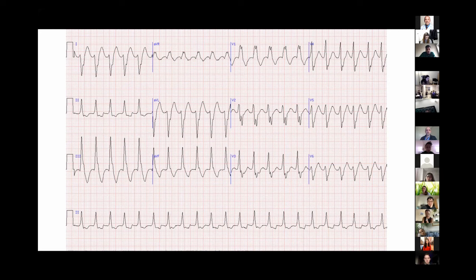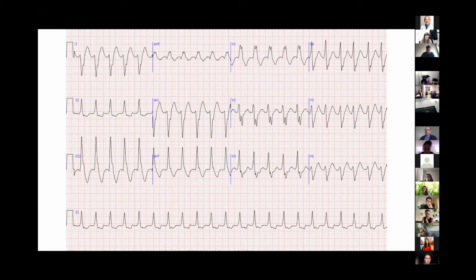So that will be the Josephson sign when you have notching in the downslope of the S in V2. But if this V1 had a predominantly negative QRS, then you could say for V2 that this was a Josephson sign. I see. Okay. So the notchings on the other precordials are not the Josephson sign.